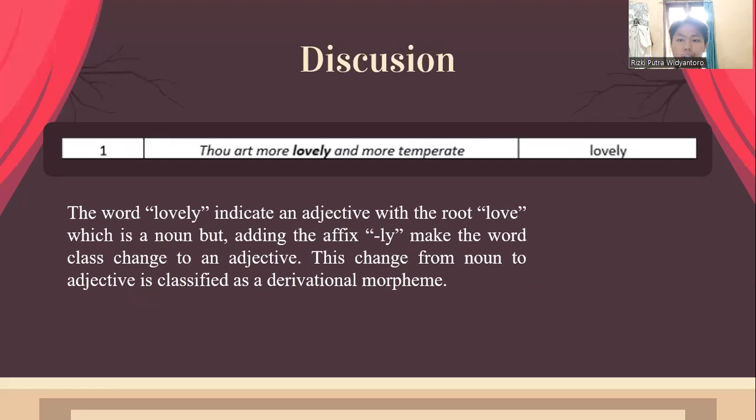Next is the word lovely in the first line too. The word lovely is an adjective with the root love, which is a noun, but adding the affix -ly makes the word class change to an adjective. This change from noun to adjective is classified as a derivational morpheme.